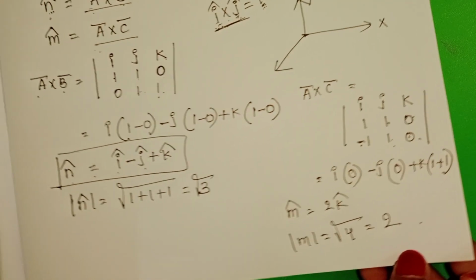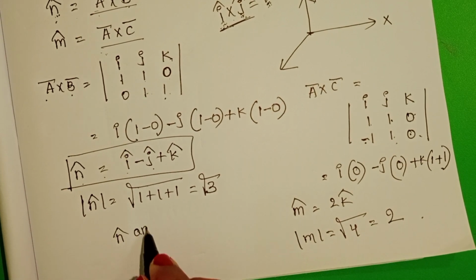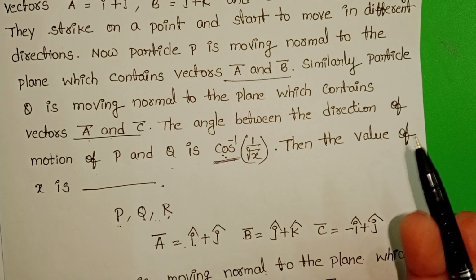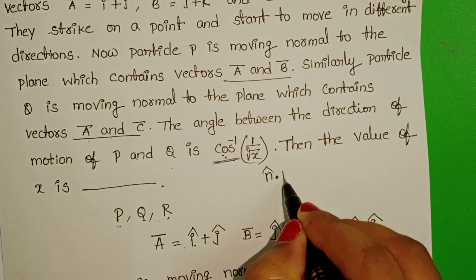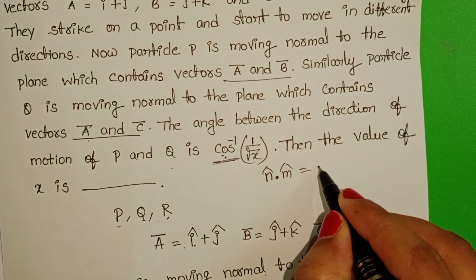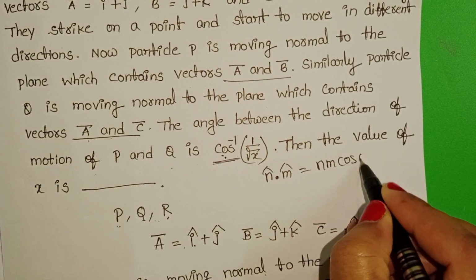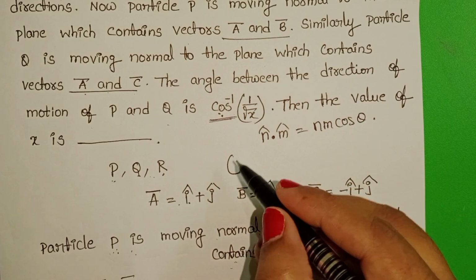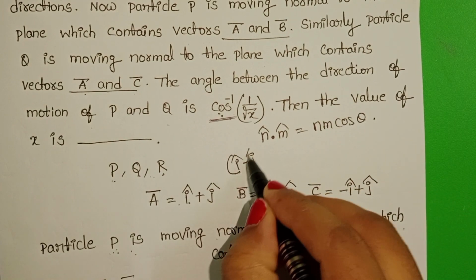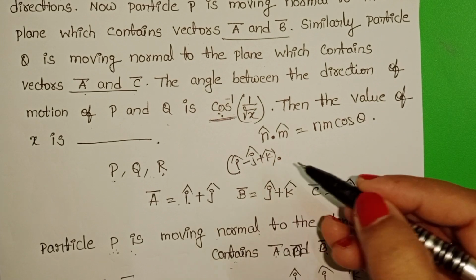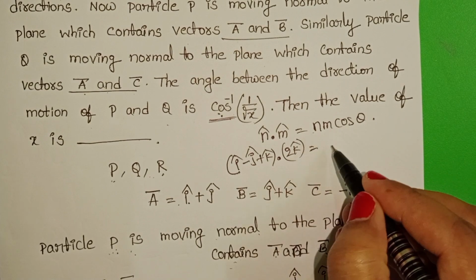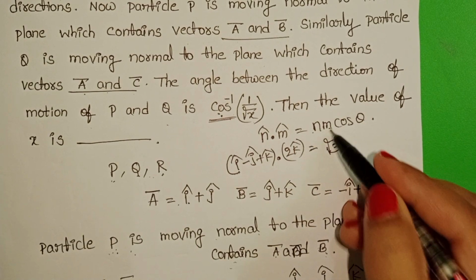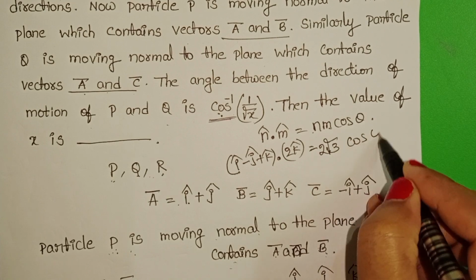Now we want the angle between n cap and m cap. The given angle is in cos, so take the dot product of the vectors. n cap dot m cap is equal to n m cos theta. n cap is equal to i cap minus j cap plus k cap, dot m, which is 2 k cap. The magnitude of n is root 3 and of m is 2, so 2 root 3 cos theta.